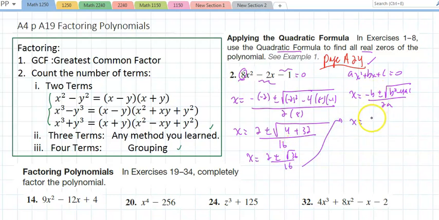That would be 2 plus or minus 6 over 16. 2 plus 6 is 8 over 16, which is 1/2. And 2 minus 6 is a negative 4 over 16, which is negative 1/4.